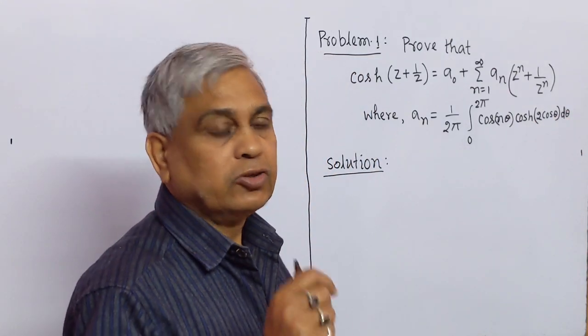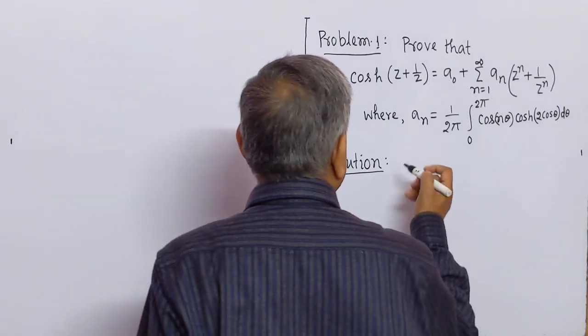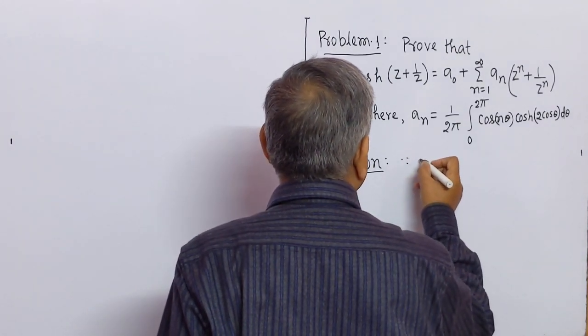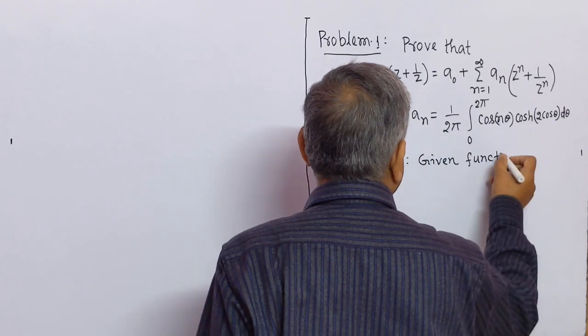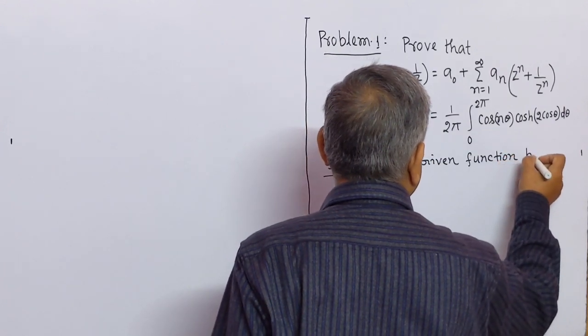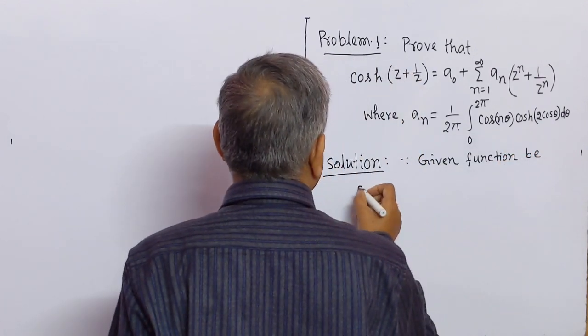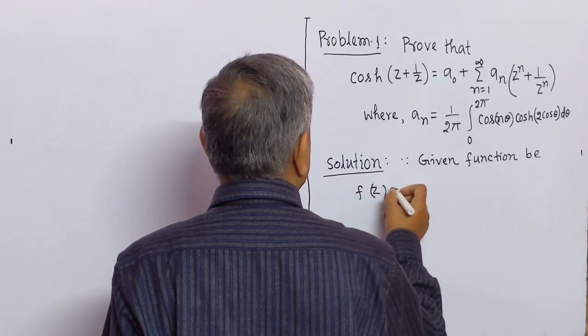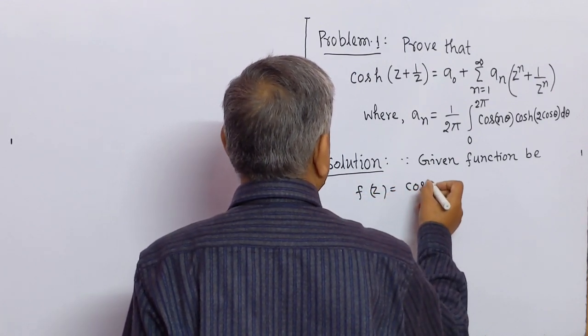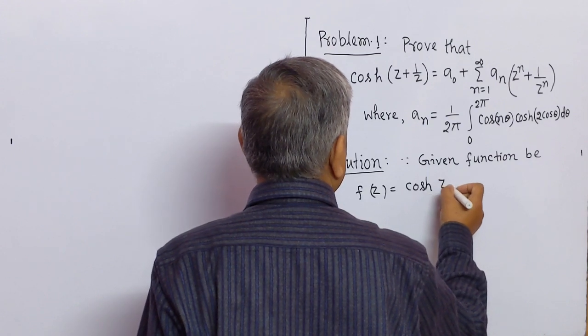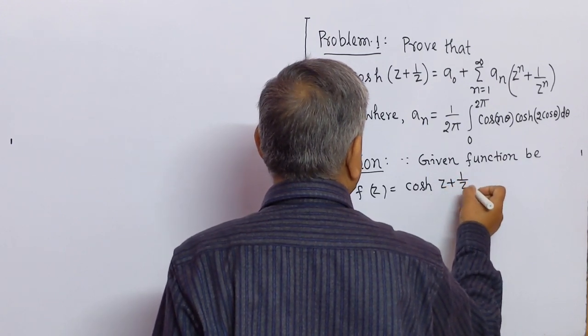Now we solve this. Since the given function be f(z) = cosh(z + 1/z).